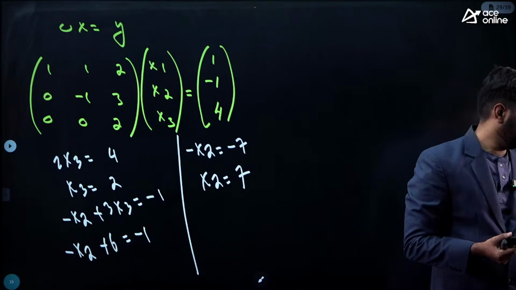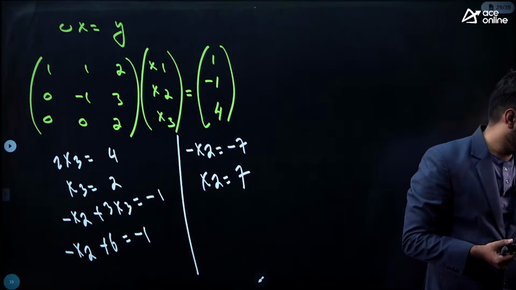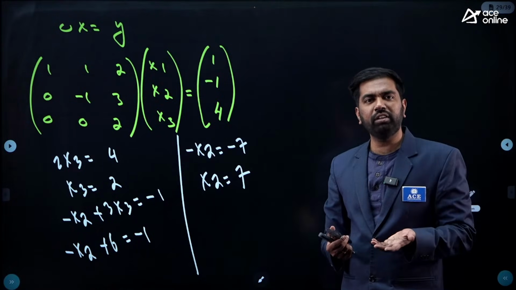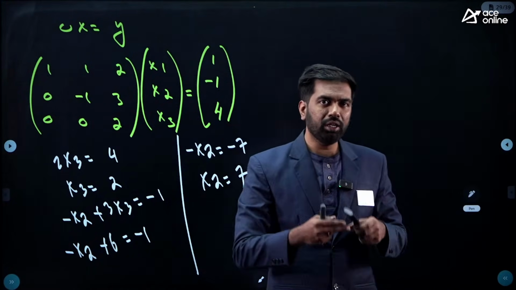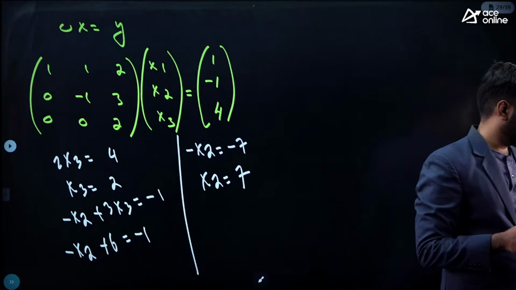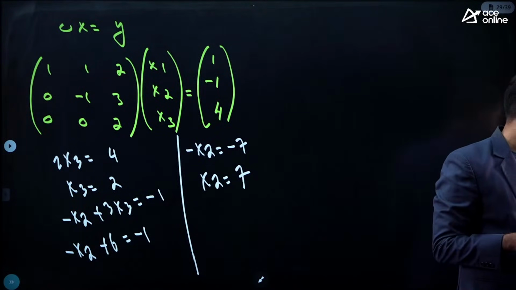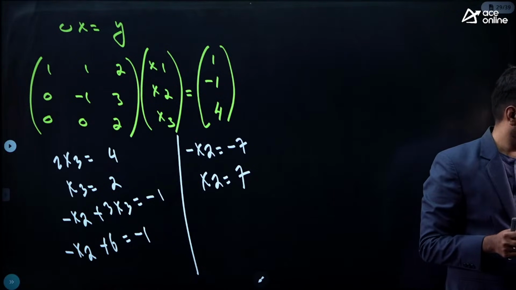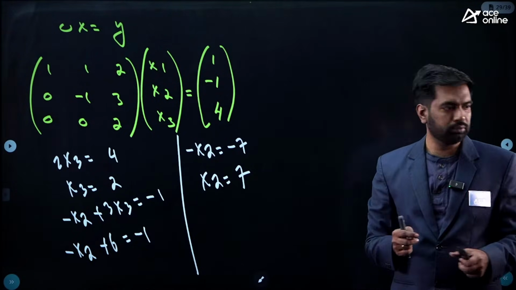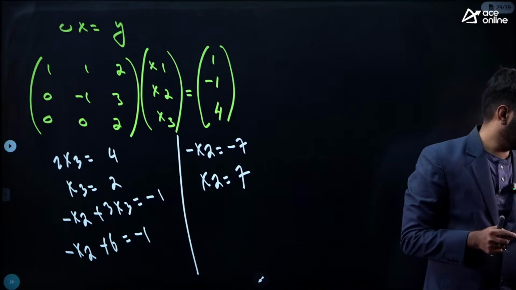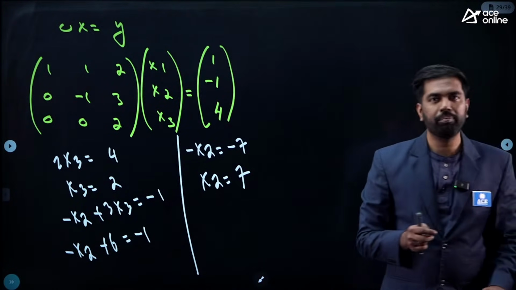I'm reading all your comments. Ankit says, sir, he's from CSE. So, are you preparing for CSE? Did your preparation complete for CSE, Ankit? There are many common subjects in computer science and data science paper.